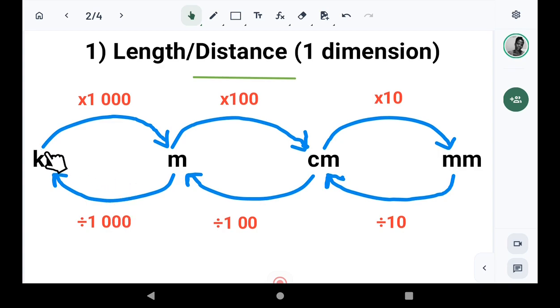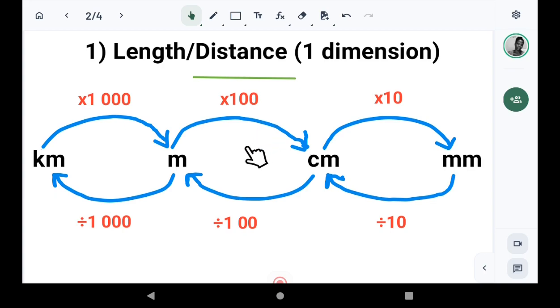Now back to the multiplication, converting from bigger units of measurement to smaller units of measurement. If you, for example, were to convert from kilometers to centimeters, you would multiply that number of kilometers by 1 and 1, 2, 3, 4, 5 zeros in total.